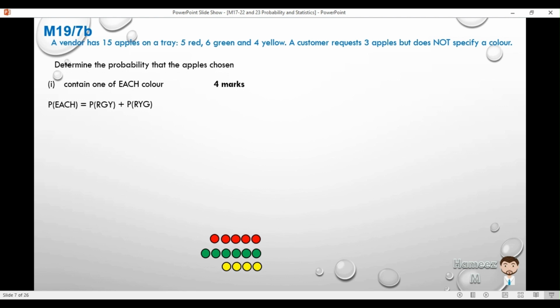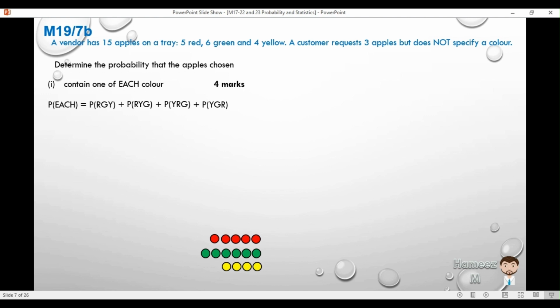So these two options were when we picked the red apple first. Now we can adjust it by picking a yellow apple first, and then we can pick a red followed by a green. Or we can still pick a yellow first, but then a green followed by a red.